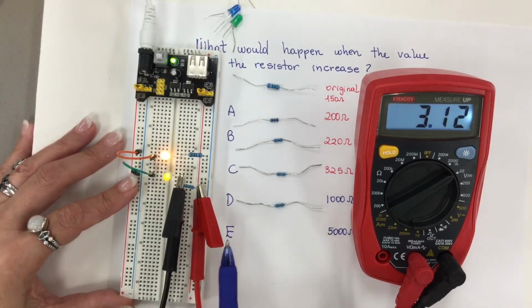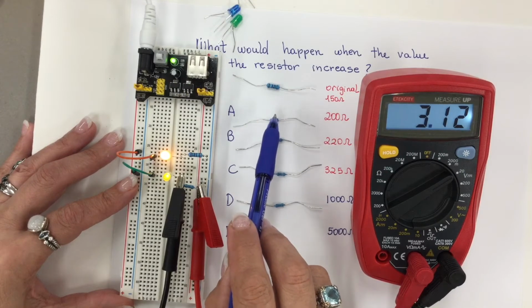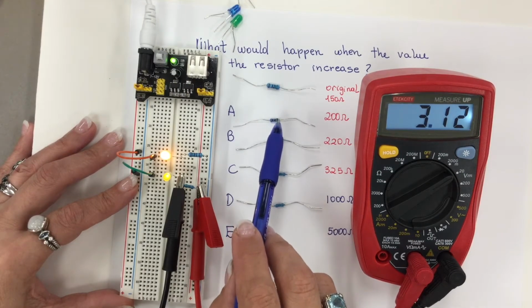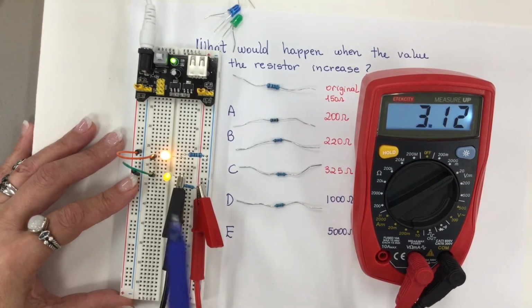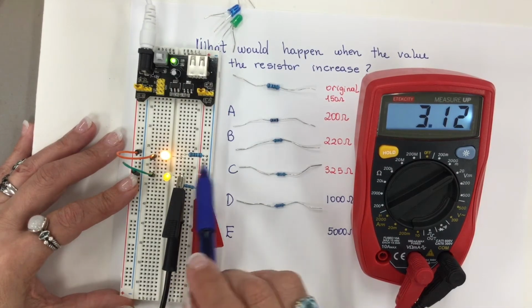To proceed with this experiment, I selected the minimum resistance of 150 ohms that meets the LED requirements of operation of 2 volts and 20 milliamps as my control group.